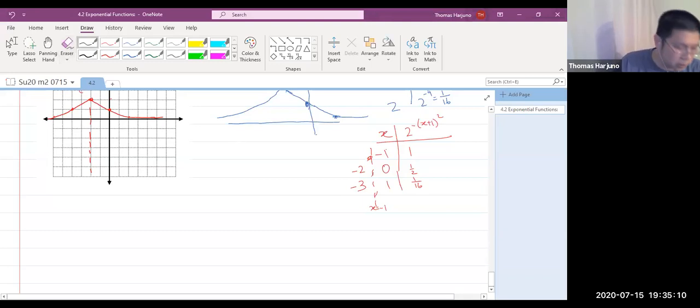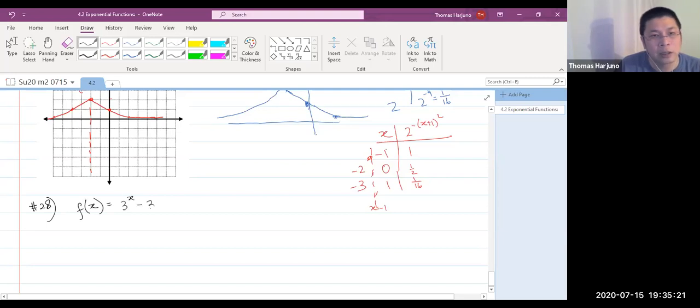Now, number 28 is another animal. We have f(x) equals 3 to the x minus 3 to the negative x. Let's see what happens if I try f(negative x). f(negative x) will be 3 to the negative x minus 3 to the negative of negative x.